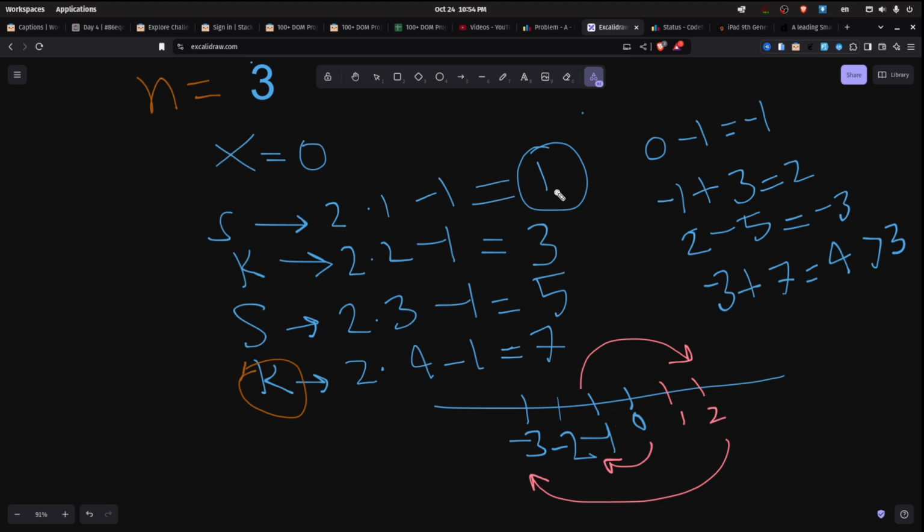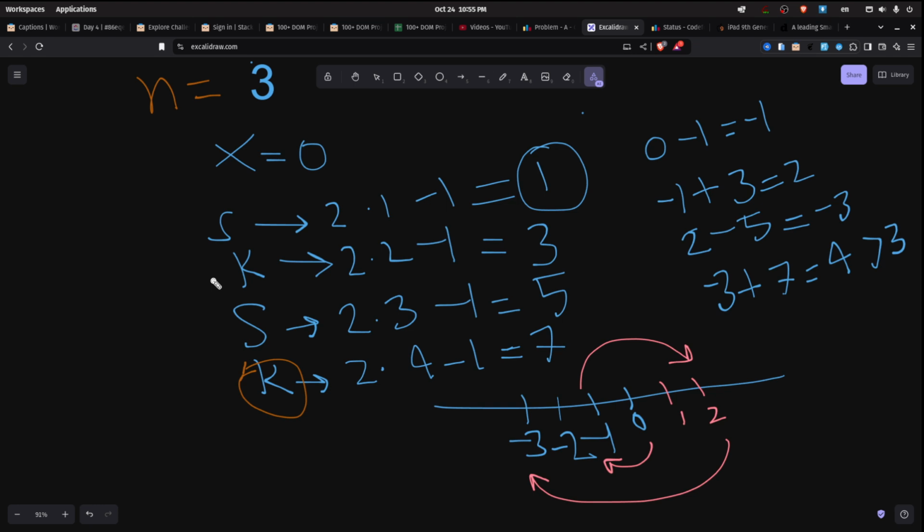After Sakurako takes her turn, I get 0 minus 1, which is equal to minus 1. 0 is the initial position, and Sakurako moves in the negative direction, so I just subtract 1 from it and get minus 1. So Sakurako moves the position from 0 to minus 1. The first move is done.